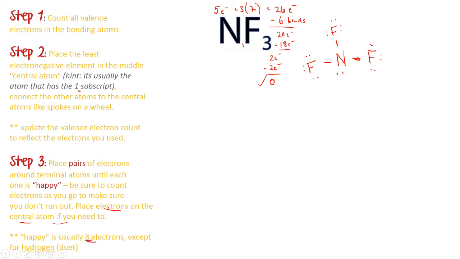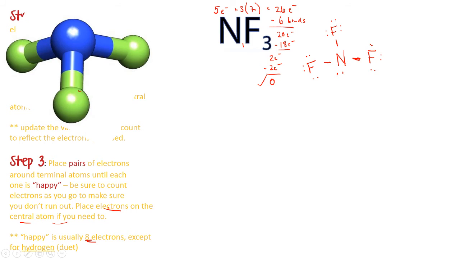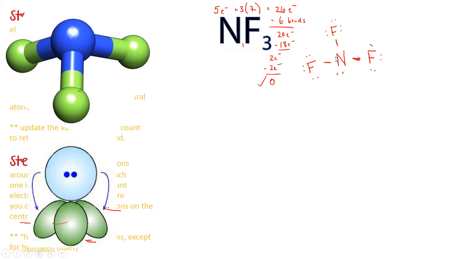Okay, so if I look at this picture in 3D, I can see that this guy's bent down and there's nothing happening up here on top. A little bit like this picture, right? So if I look at this image, these lone pairs that are up here actually occupy quite a bit of space, which is why this guy has this bent down structure, right?